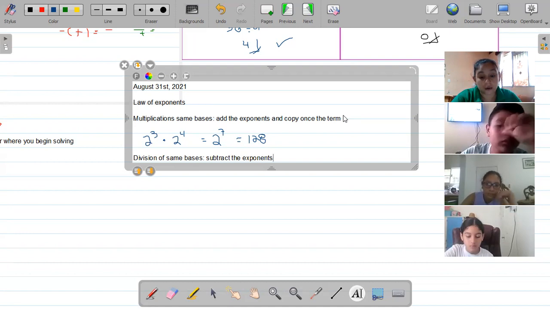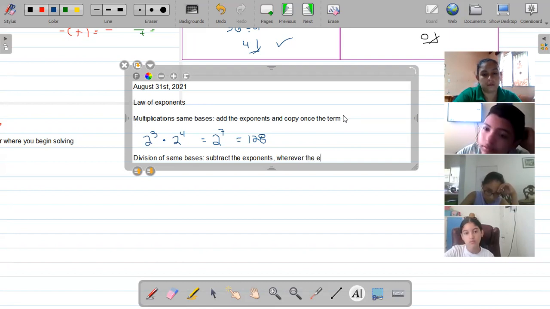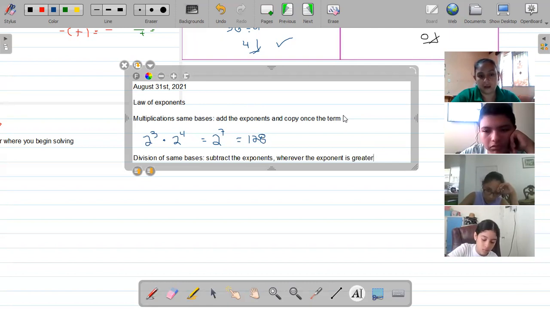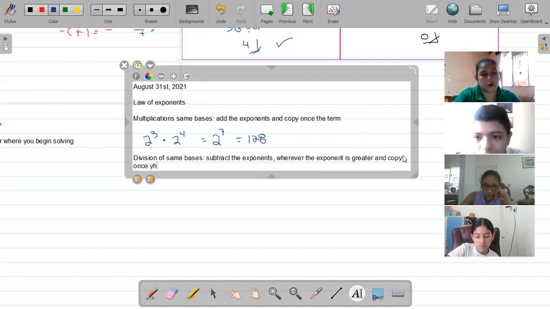Remember, we subtract the exponents wherever the exponent is greater. Okay, that's it. We subtract the exponent wherever the exponent is greater. And we copy once the term.